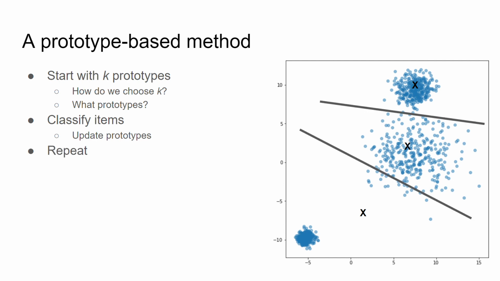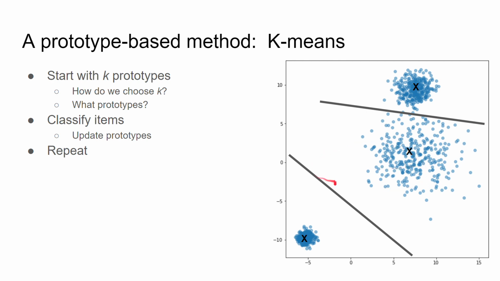Update, and we repeat it a few times, and we should get something centered there, something centered there, and something centered there. All right, nice simple algorithm. This is called the k-means algorithm. K because we choose k prototypes, and means because we're just taking the mean of everything that gets categorized in there. There are of course tons of variants.